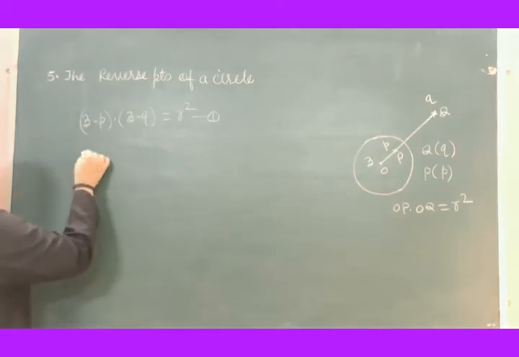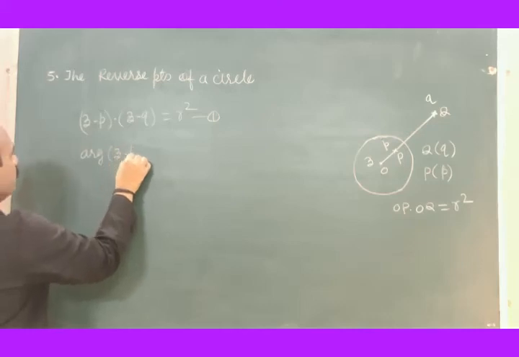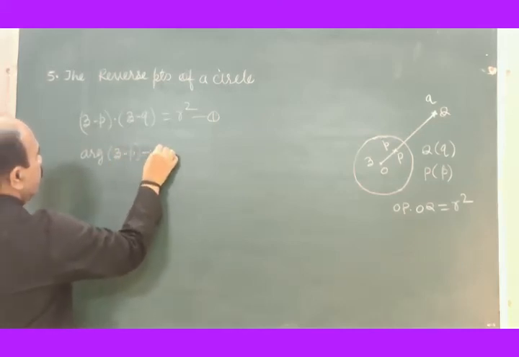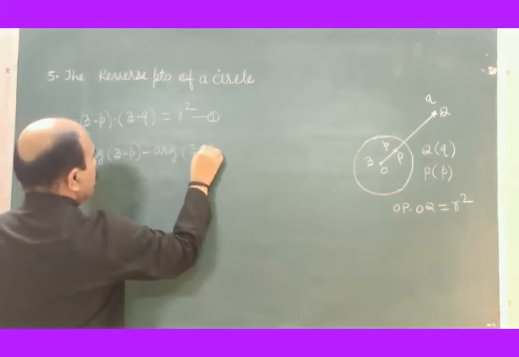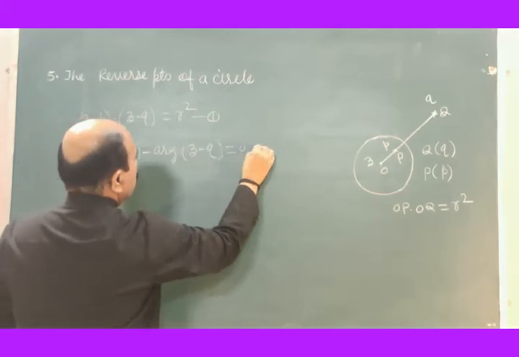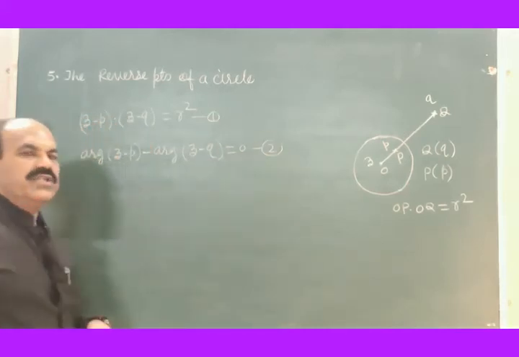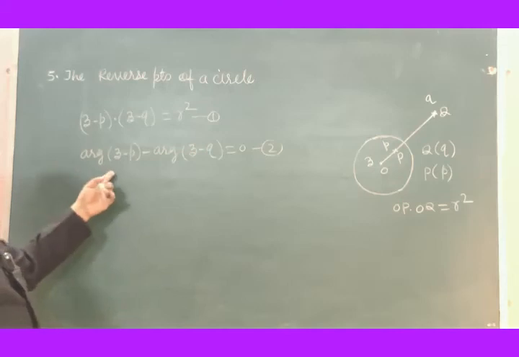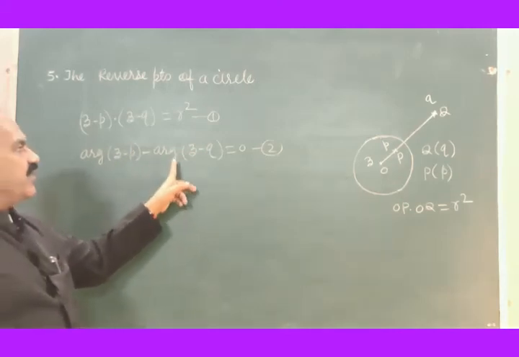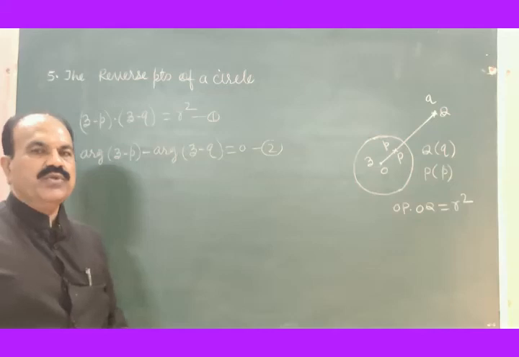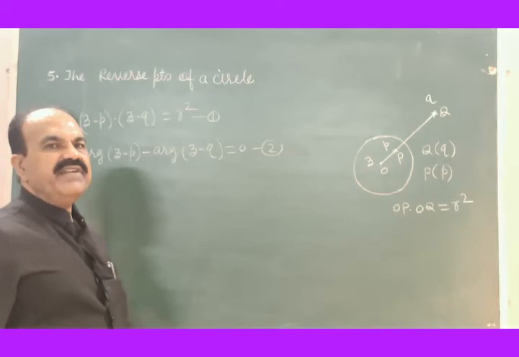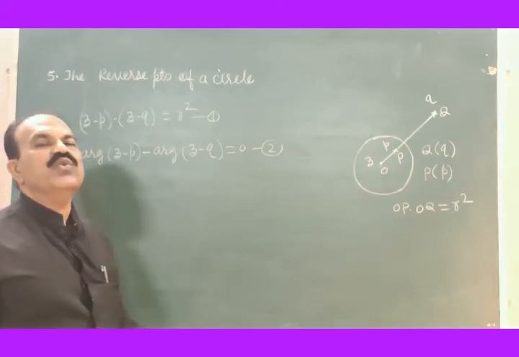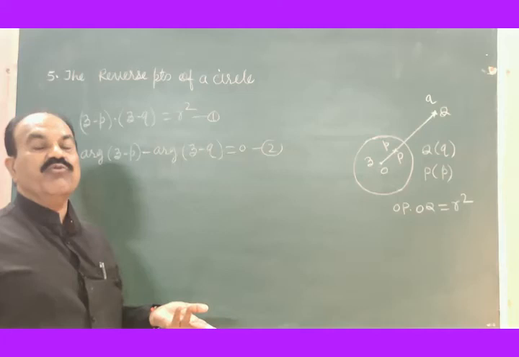From the geometry of the figure, we can write argument of Z minus p minus argument of Z minus q is equal to 0, equation number 2. What is the meaning of this? Meaning that the angle between vector OP and vector OQ is 0. Why?